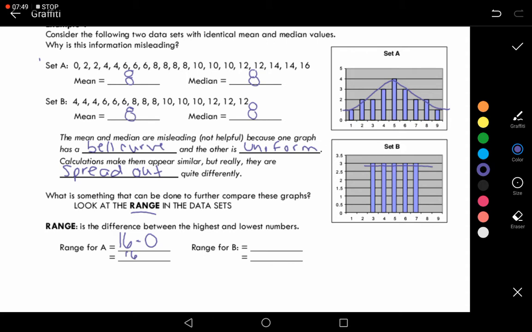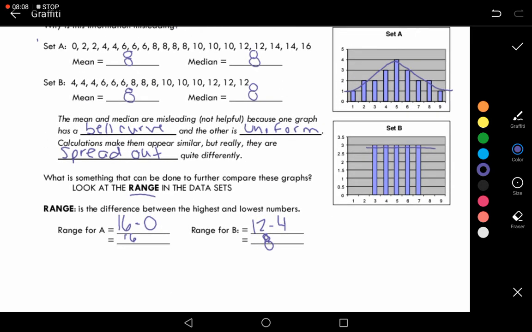For B, our highest was 12, and our lowest was 4, so 12 minus 4. So our range here is 8. Okay, so we're ranging from just 12 to 4, which is 8 spots. So therefore, what does this actually mean?